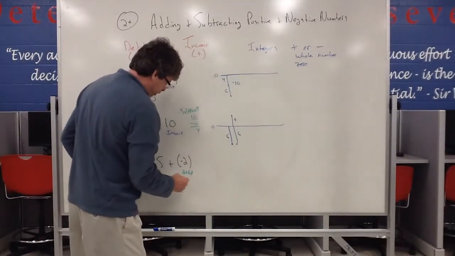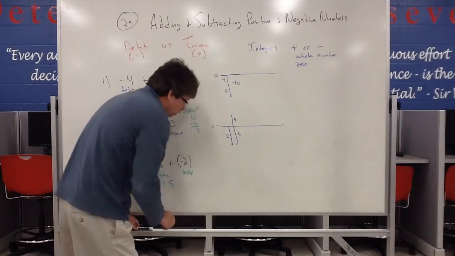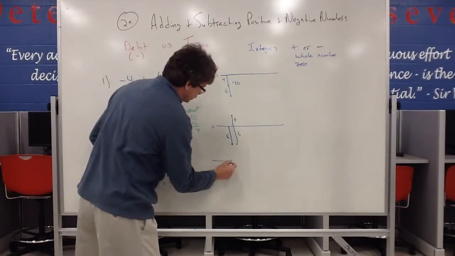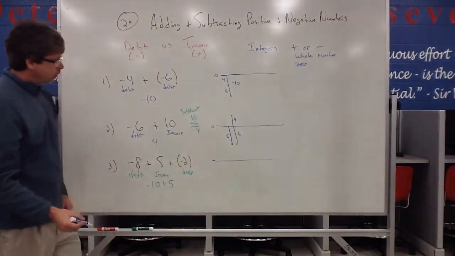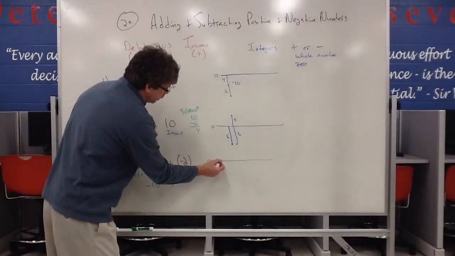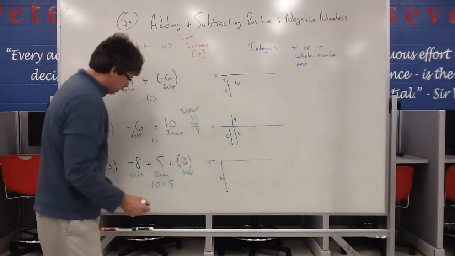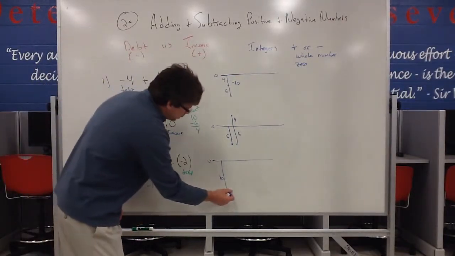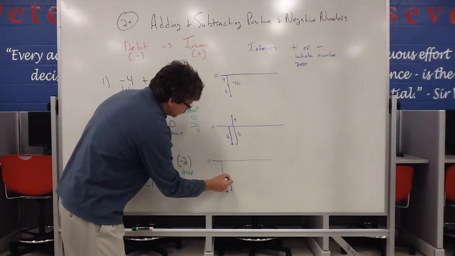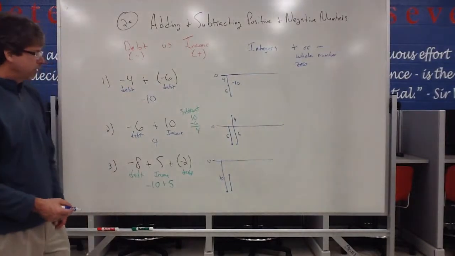So if I look at that problem from a drawing perspective, the -10 would mean, again, here's my baseline of 0. The -10 would tell me to drop 10 below. But then all you're going to do is move back up 5. So notice how we're still below 0.